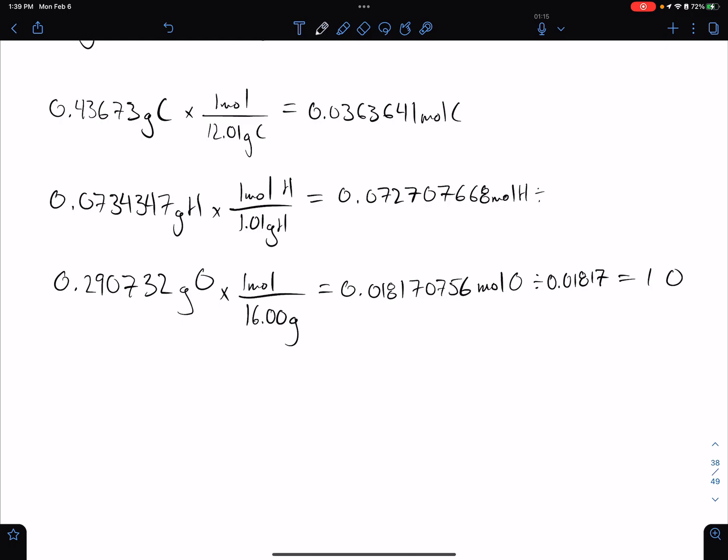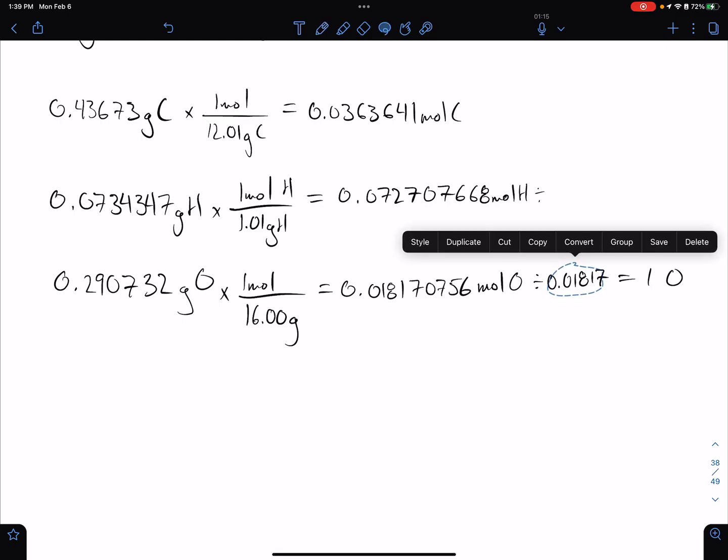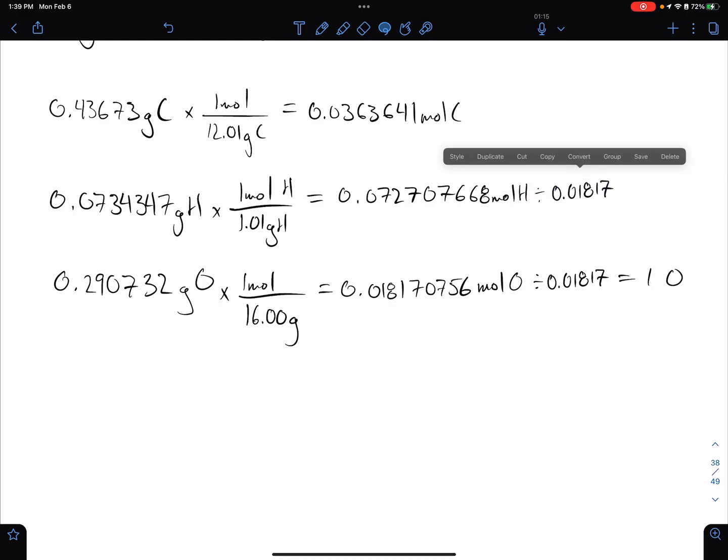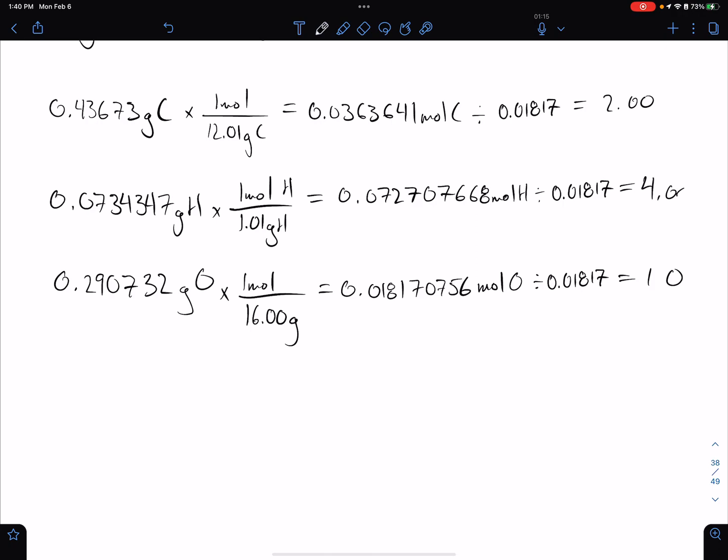And then the moles of carbon divided by the moles of oxygen is 2.00, and then the hydrogen number of moles divided by the moles of oxygen, if I can do things correctly on my calculator, is 4.00.